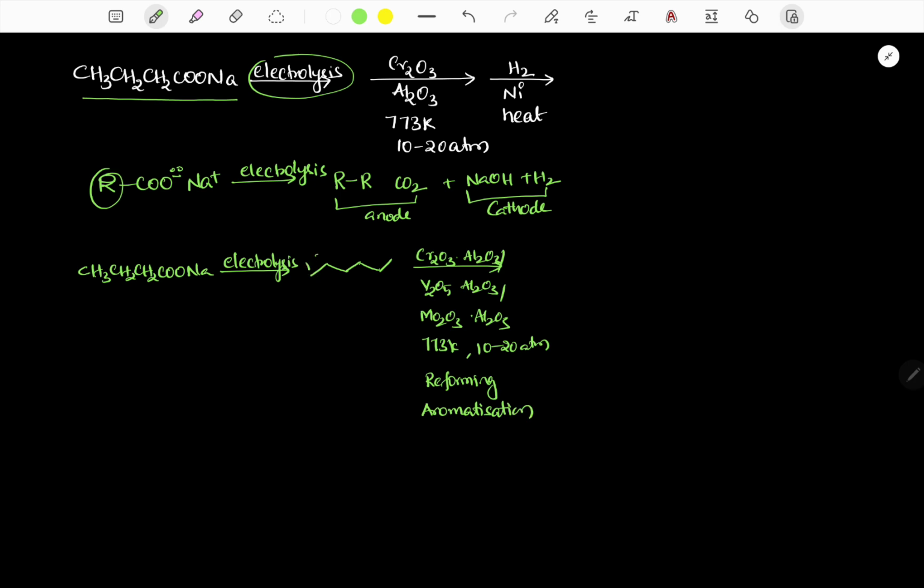If minimum 6 carbons are present, it first forms a cyclic compound and finally converts into benzene. Now benzene is treated with H2/Ni and heat.